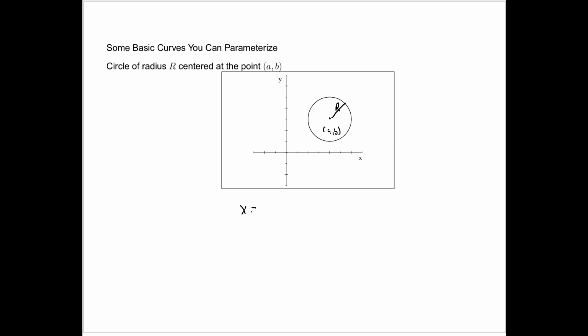So we'll use x equals a plus r cosine t, and y equals b plus r sine t. Again, t will run from 0 to 2 pi.